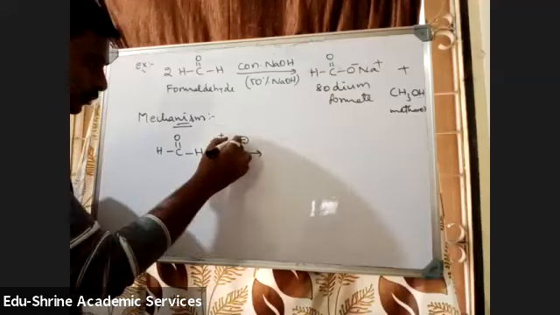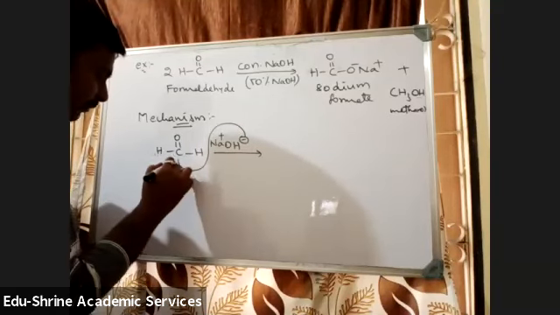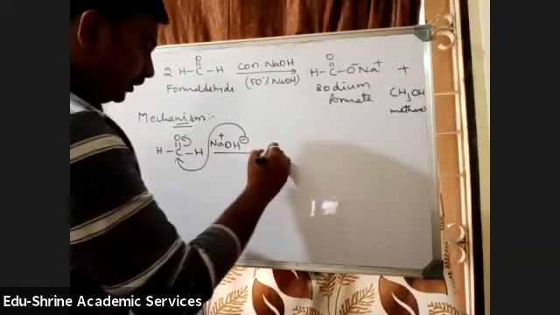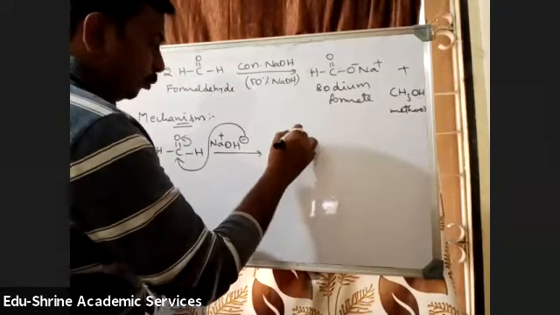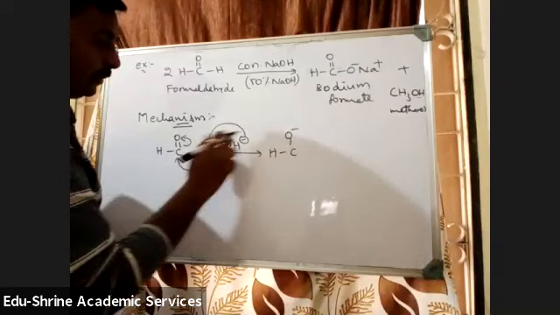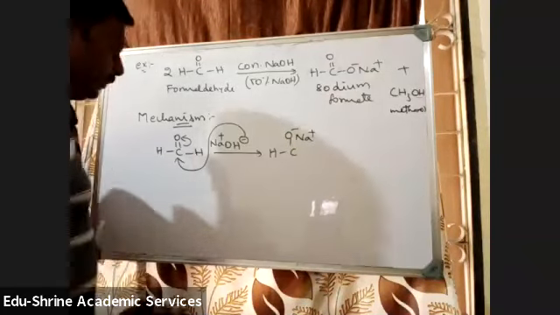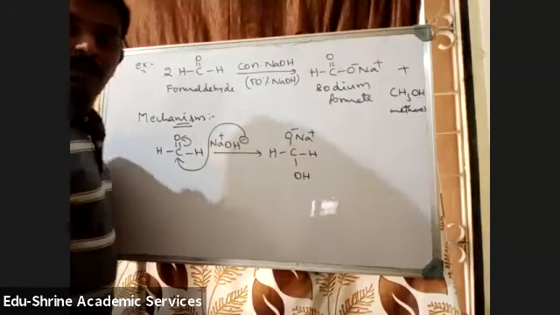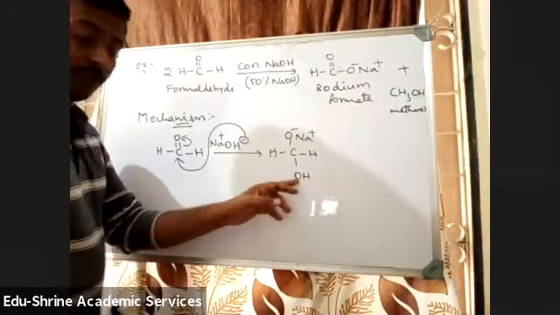NaOH is the base. So this is the nucleophile which will be attacking the carbonyl carbon atom. Pi electrons will be polarized towards oxygen. So you'll get HC O minus. O minus will be attacked by Na plus. O minus Na plus, H and OH. Okay. So this will be the intermediate form.